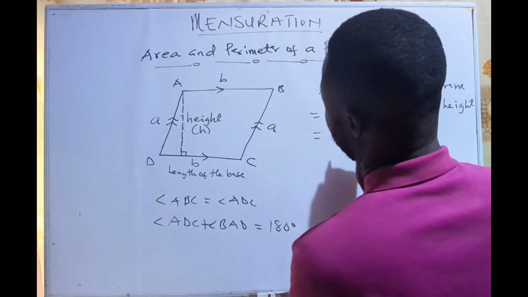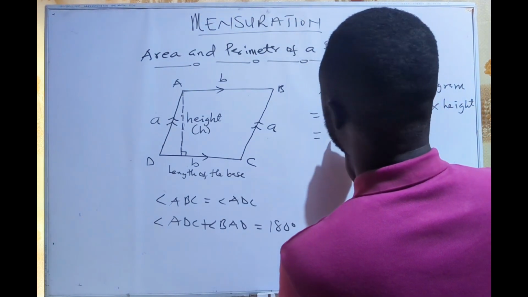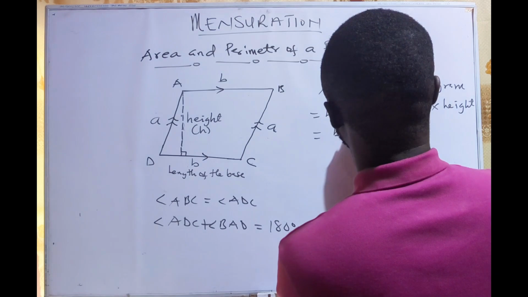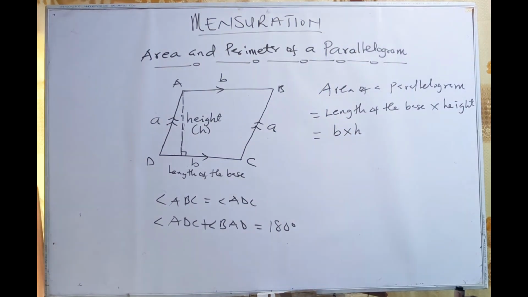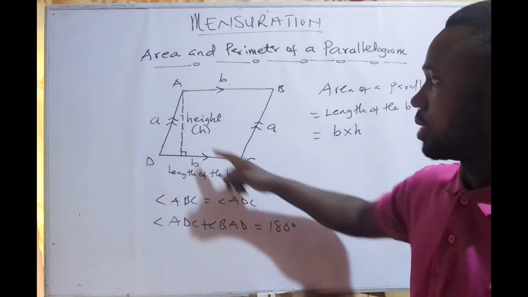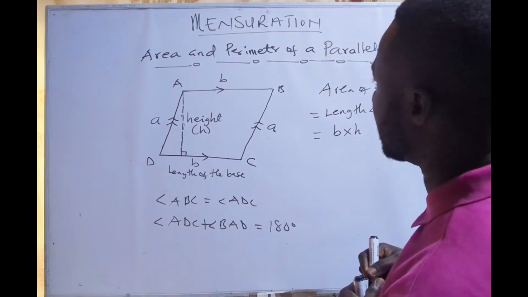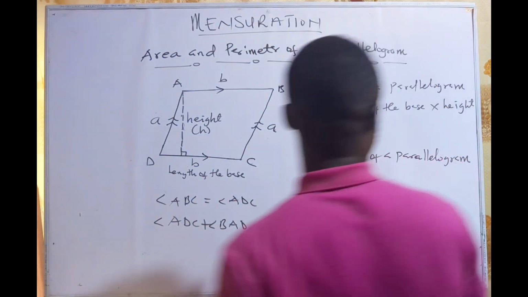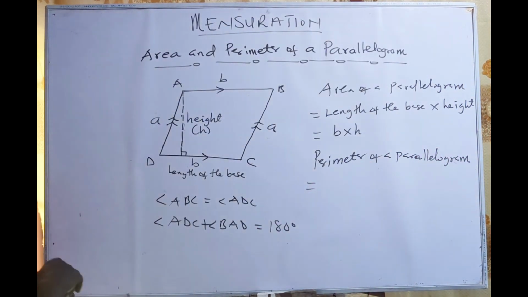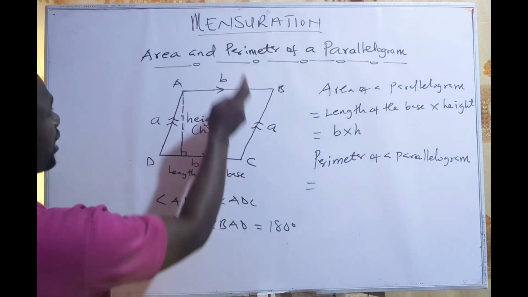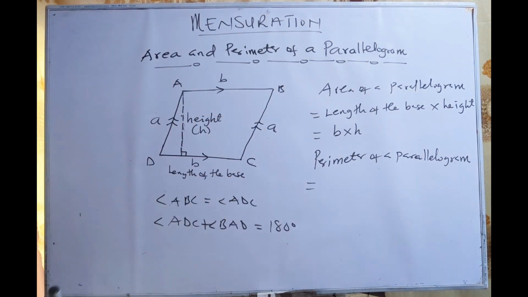So that is B times H, the length of the base multiplied by the height. And then let's look at the perimeter. For the perimeter, we are going to add all the sides: one side, another side, another side, another side.